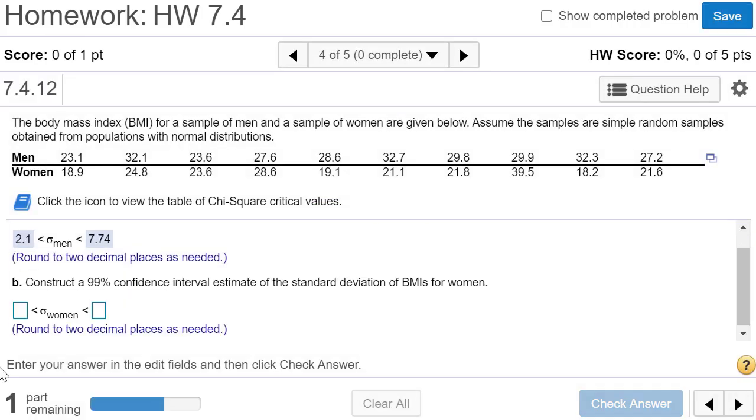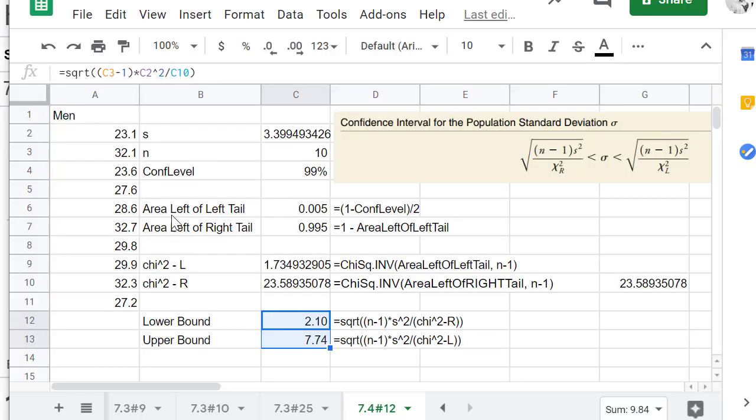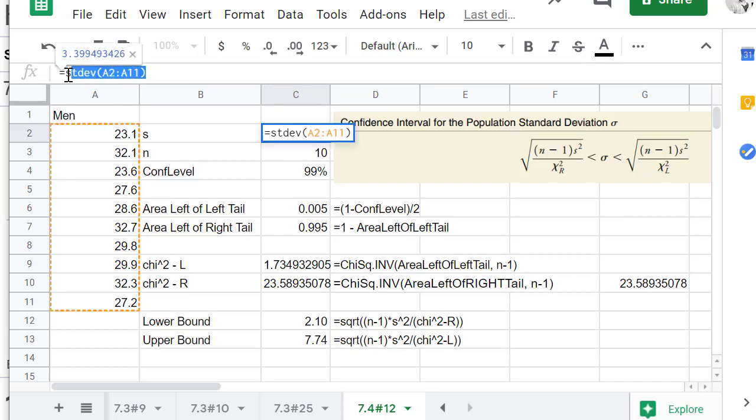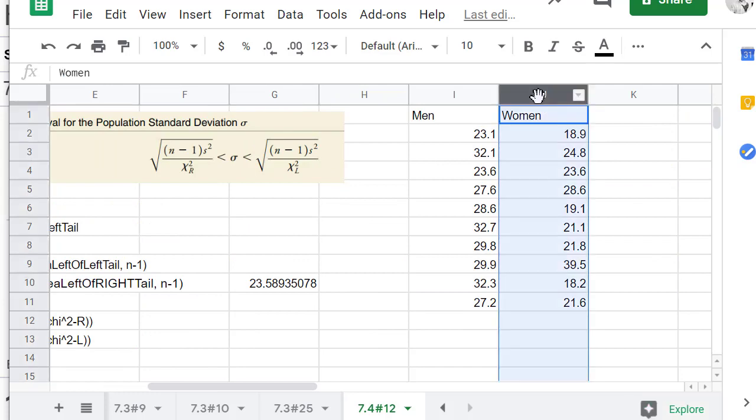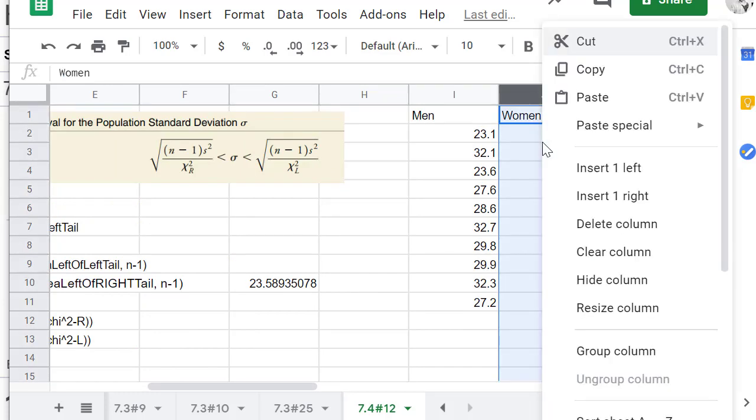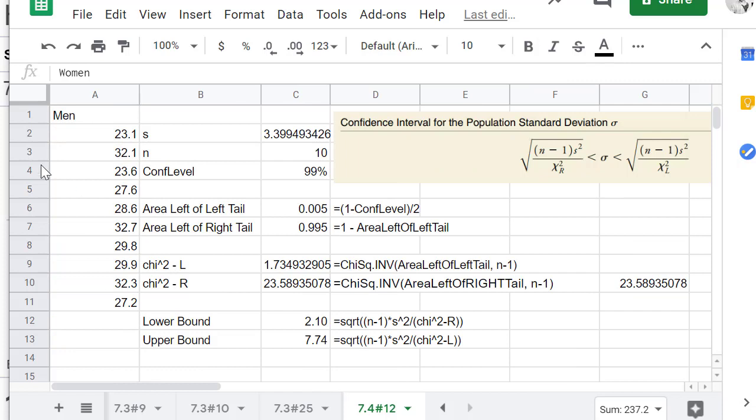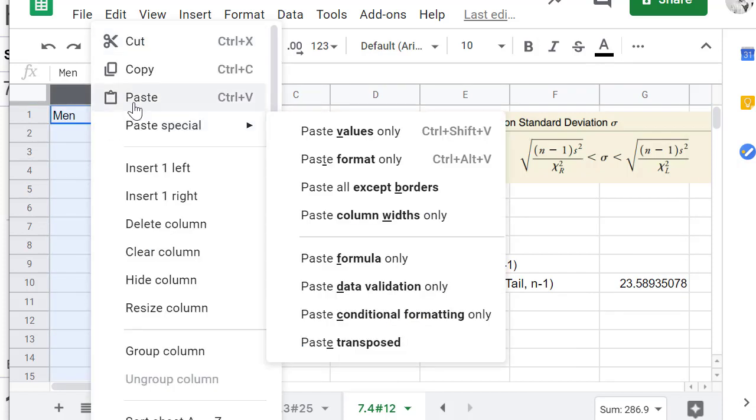Okay. Now they want us to do the same thing for women. The neat thing about this particular problem is that we had already set the formulas here for the standard deviation. We know that n is equal to 10, this is 99, and then all these other numbers go as follows. So if we take our data set for the women, let me copy this and paste it over here where the men were, the numbers will change.